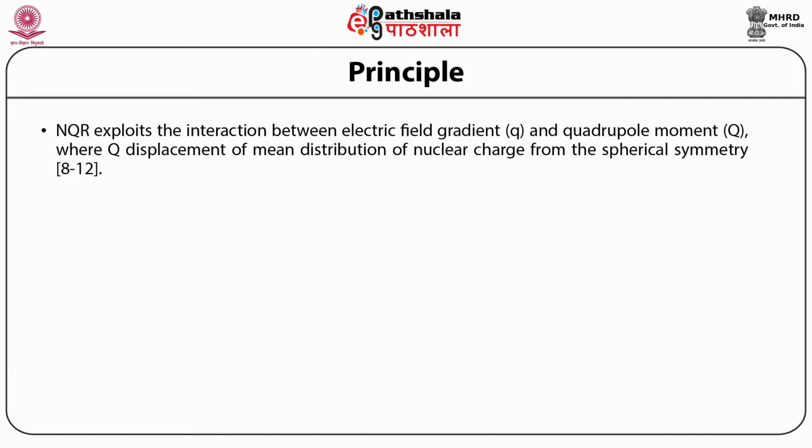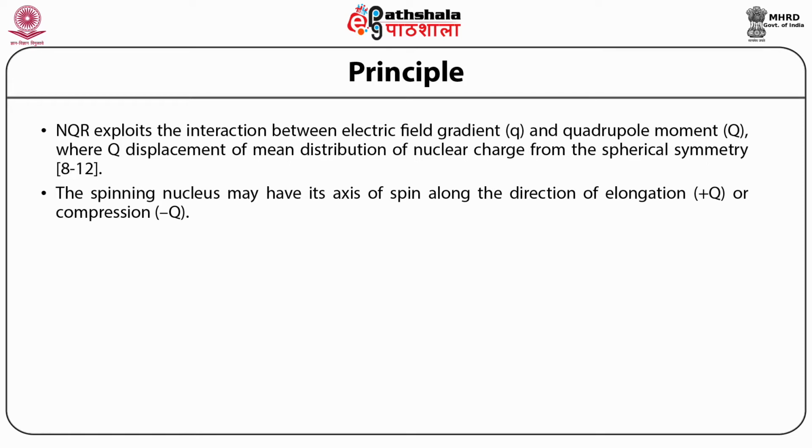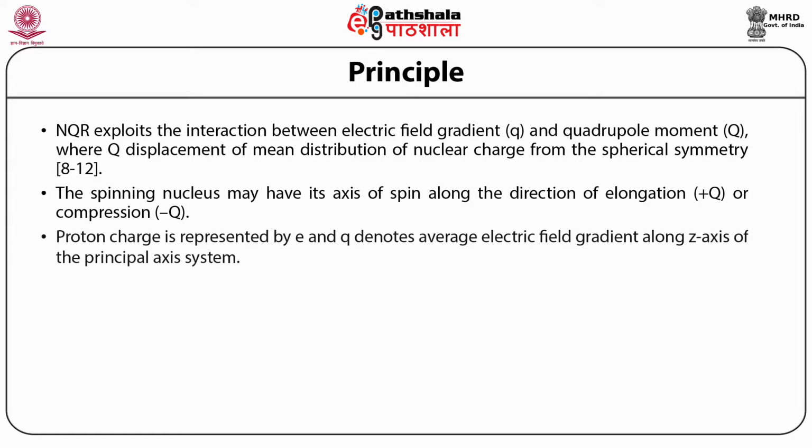The non-spherical nucleus is placed in an electric field gradient, and the spinning nucleus may have its axis of spin along the direction of elongation, that is plus Q, or compression, that is minus Q. A particular nucleus can have either plus Q or minus Q spin, but not both, and is represented by e and small q.